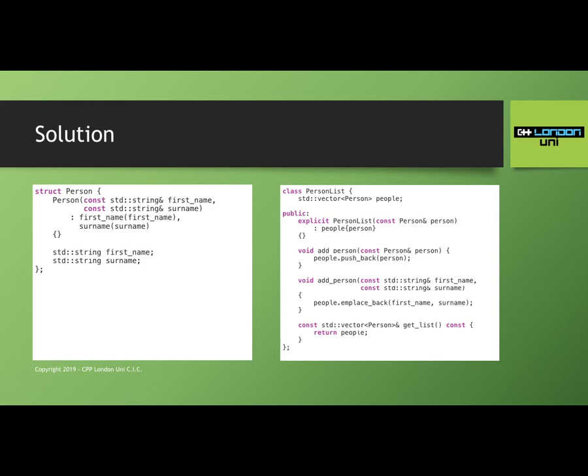Now you have to know what kind of class you're initializing to know whether you have to use round or curly braces. The goal was that you could just use curly braces everywhere, as uniform initialization. It wouldn't matter whether you were initializing an aggregate or a class with actual constructors.